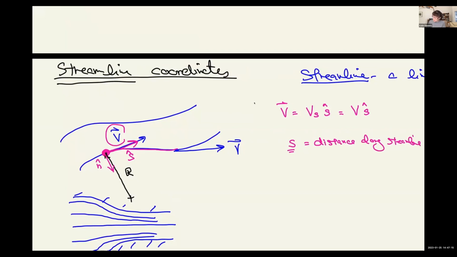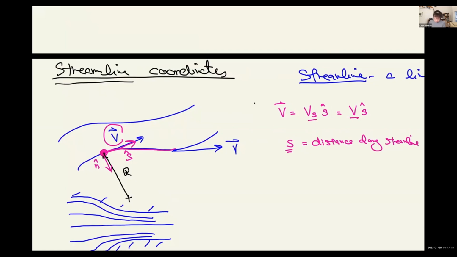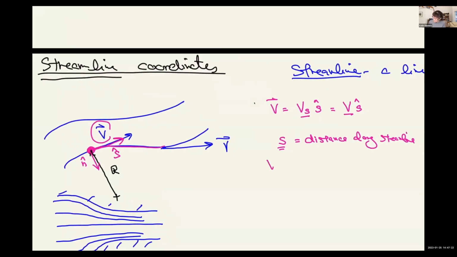Okay, and then the velocity, the speed of the particle V, is simply ds dt, the rate of change of S, the coordinate of that fluid particle. The radius of curvature is also going to be a function of the streamline coordinates.